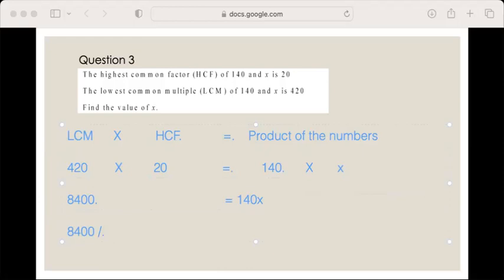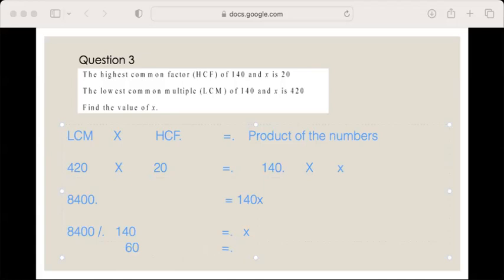Multiplication becomes a division when it goes to the other side. So 8,400 divided by 140 is equal to x. So now we can easily find out. 8,400 divided by 140 is 60. So we can say 60 is the one which is equal to x.